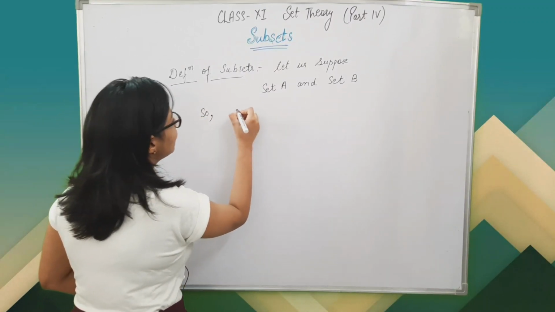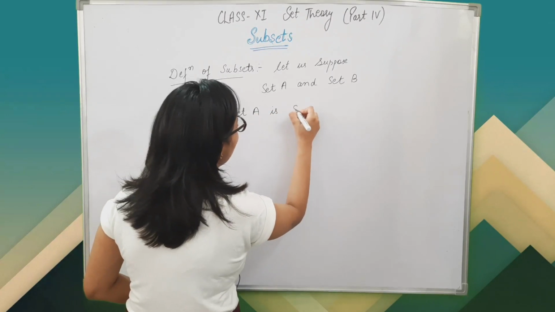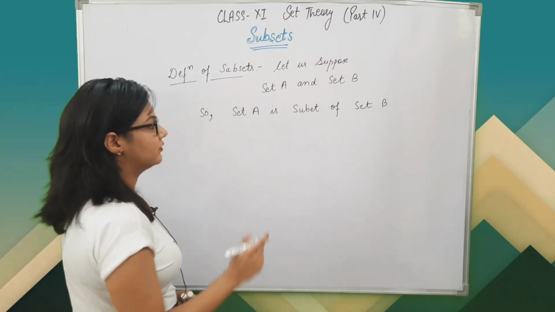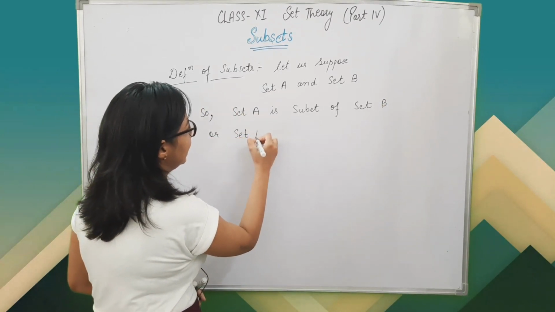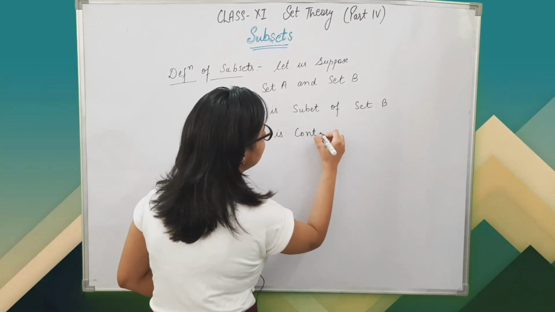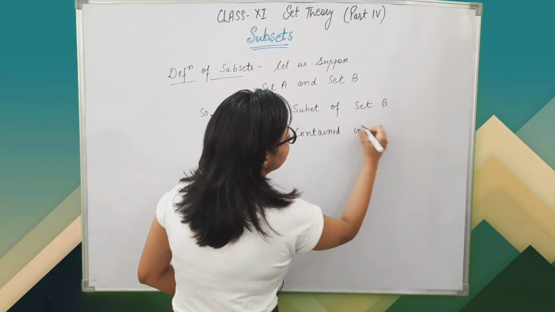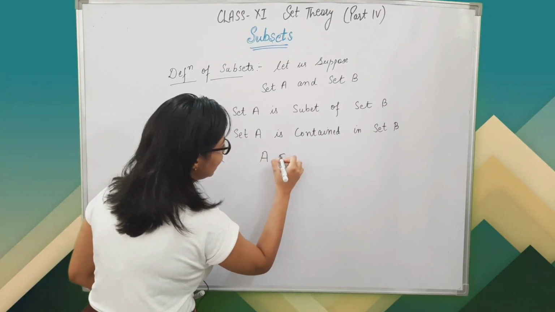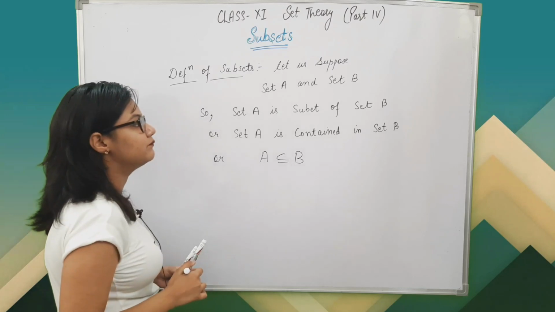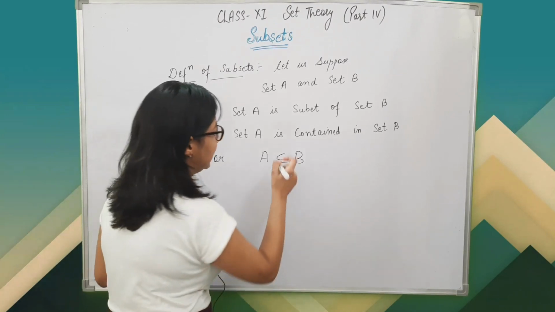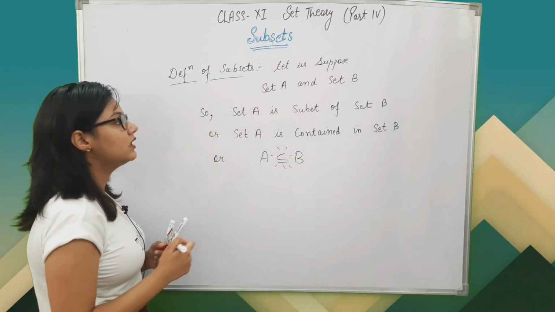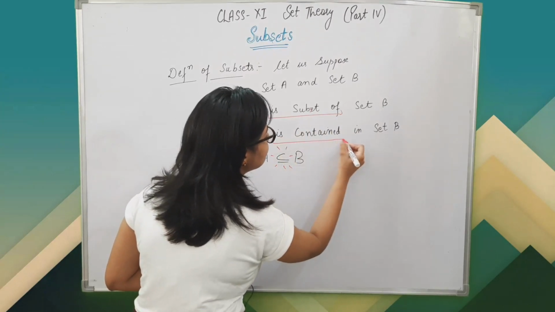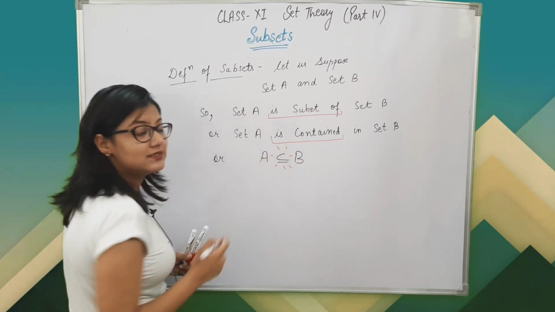So set A is a subset of set B, or you can say set A is contained in set B. So this is the symbol of subset which you can use to say this line, "is a subset of" or "is contained in". So this can be written as this symbol, right?